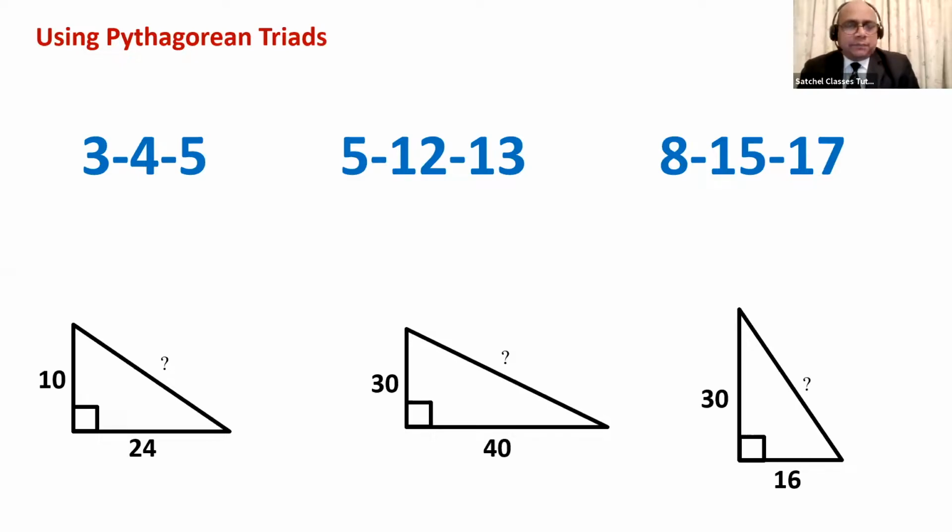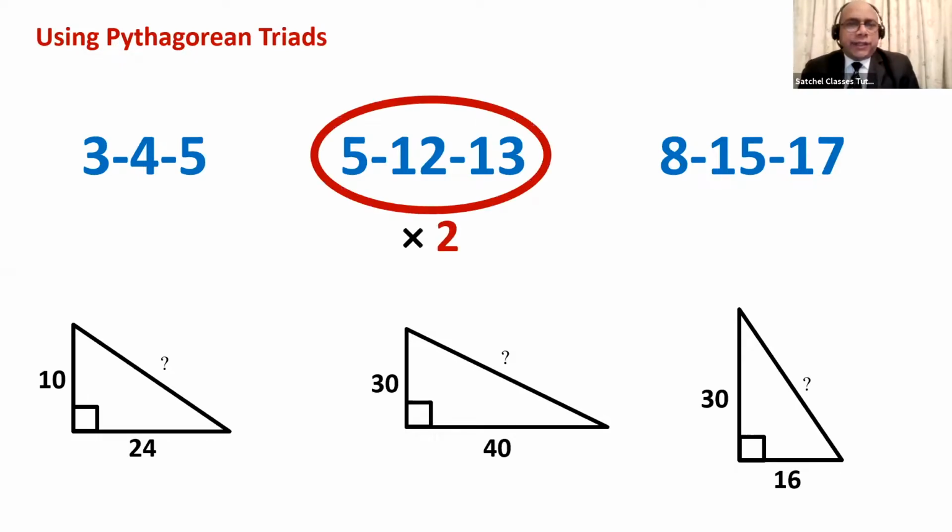For example, if I take the second triad and multiply each value of that triad by 2, what will I get? I'll get 5 times 2, which is 10, 12 times 2, which is 24. And as you can see, the two perpendicular sides of the first triangle on the left are 10 and 24, which means to find the hypotenuse, all I need to do is 2 times 13, which is 26.